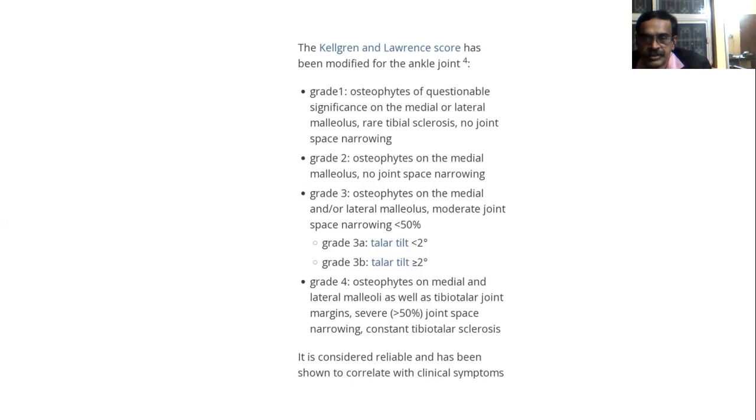Grade 3B, talar tilt more than 2 degrees. In grade 4, osteophytes on medial and lateral malleolus as well as tibiotalar joint margins, severe, that is more than 50% joint space narrowing, constant tibiotalar sclerosis.